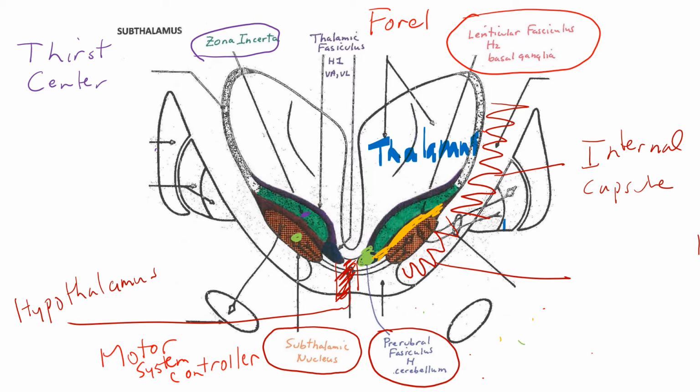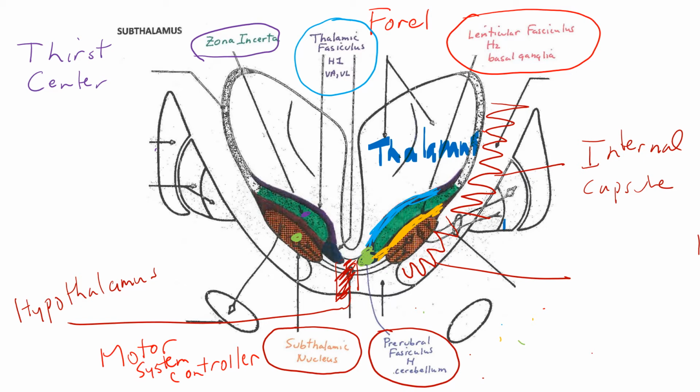And then finally, we're going to have an area that is in between the zona incerta and the thalamus. And this area in Forel's time was called the H1 field. And today we call this the thalamic fasciculus.